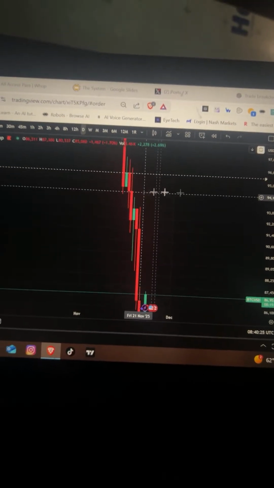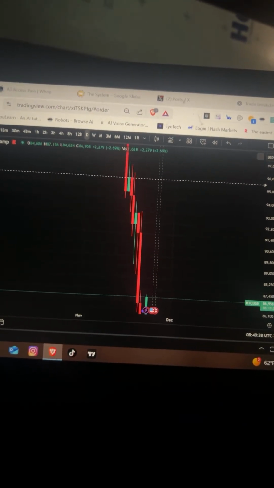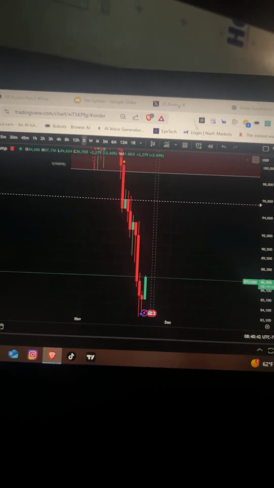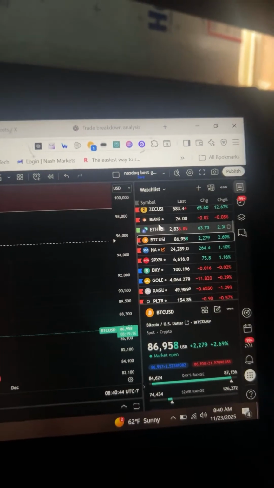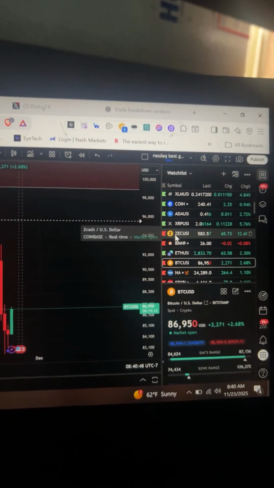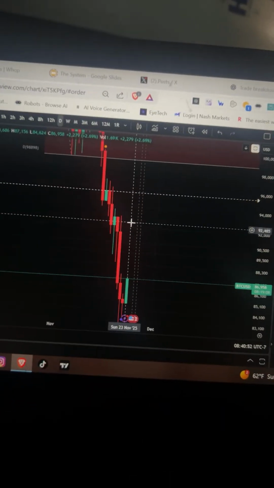Options, doing options with this, come on. Also, another way to make money on options with Bitcoin and Ethereum: you use Bitcoin and Ethereum as your guidance to where it's going, and then you go either to Bitmine or to MicroStrategy and short them or go long, because Bitmine is under Tom Lee.